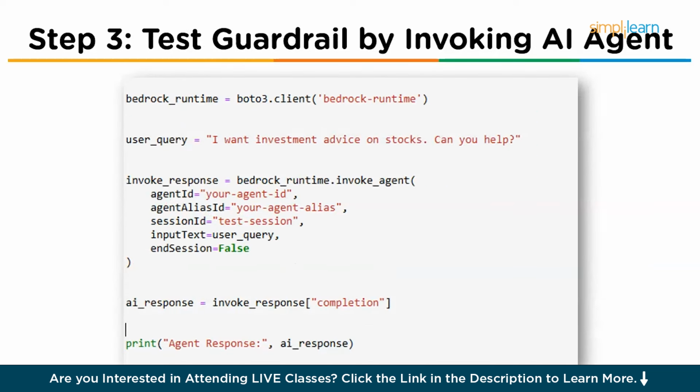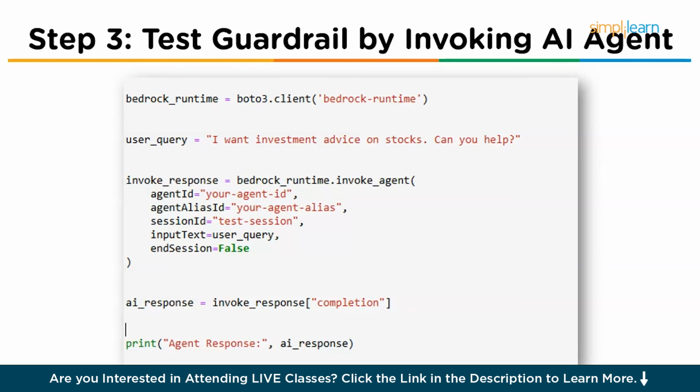And next we have testing guardrails by invoking the AI agent. So we can test if the guardrail works by sending a sample query to the agent and check its response.